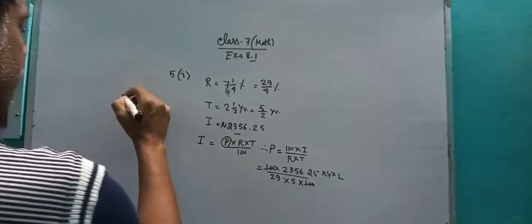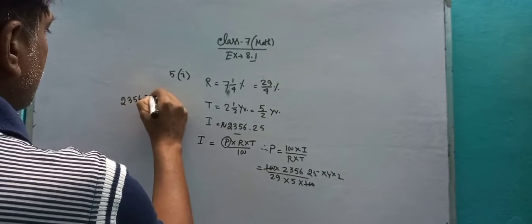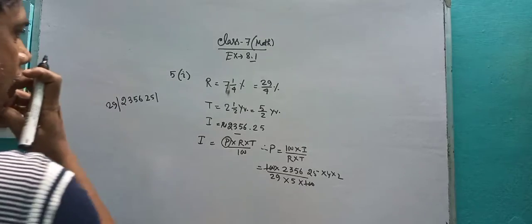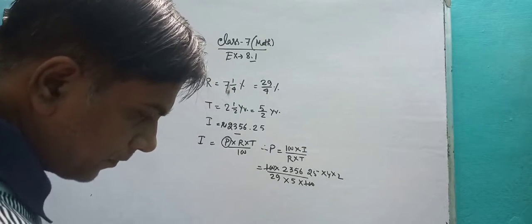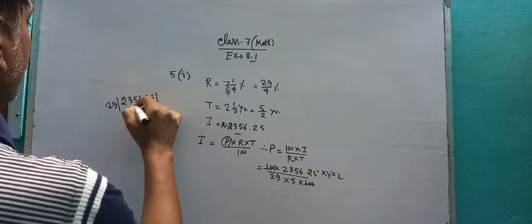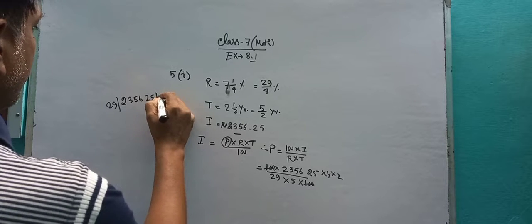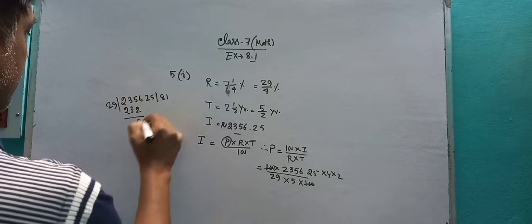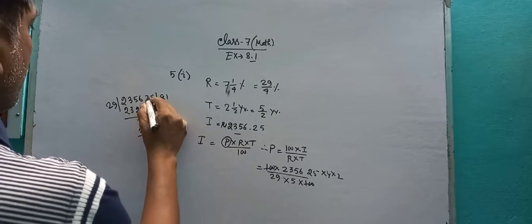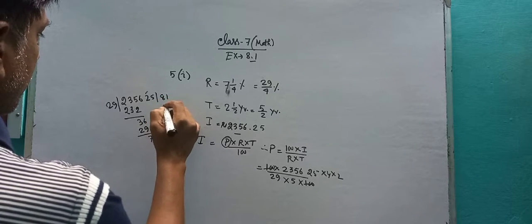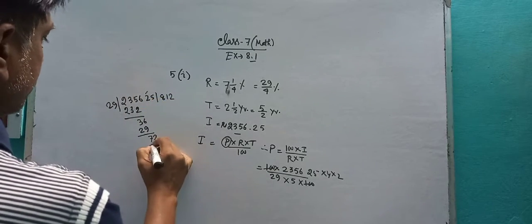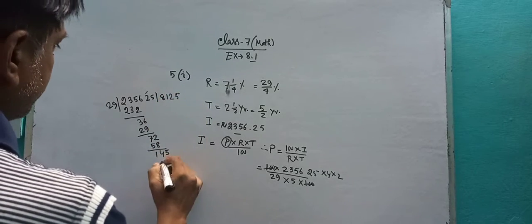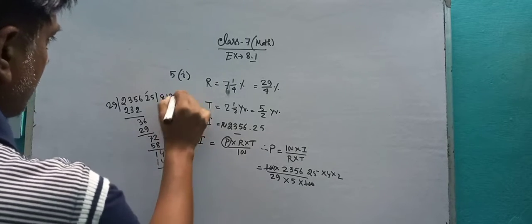If I divide 235625 by 29, whatever you get, 8125.